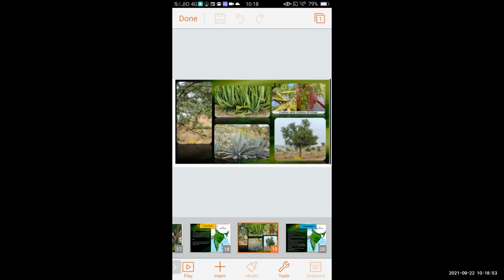These are the plants mostly grown in regions where there is less rainfall. So these plants come under the thorny shrubs forest: acacia, aloe vera, agave, and kejri.